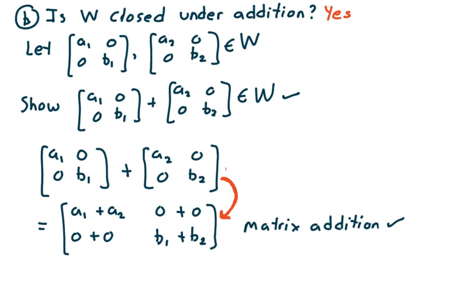We're going to take the matrix [A1, 0; 0, B1] and add the matrix [A2, 0; 0, B2].